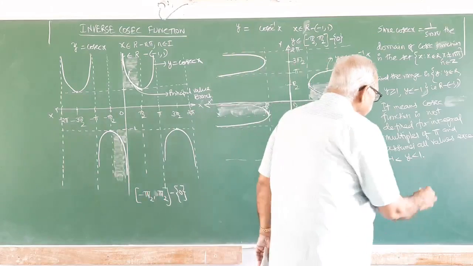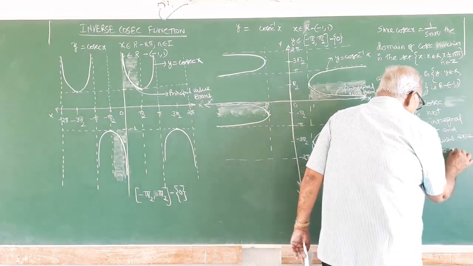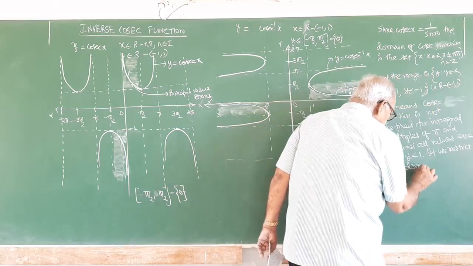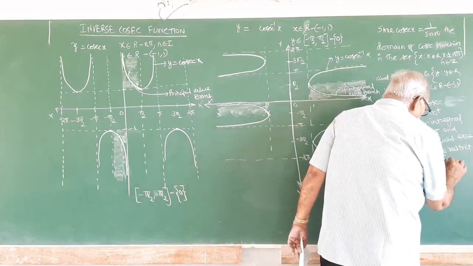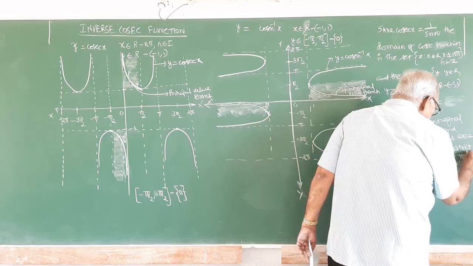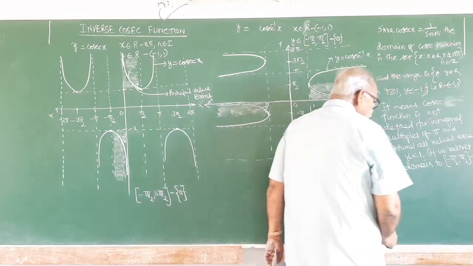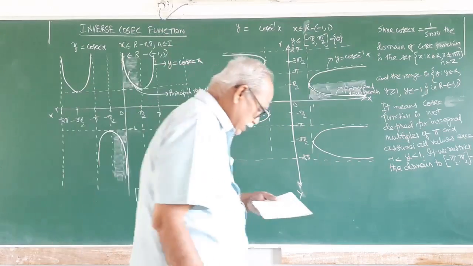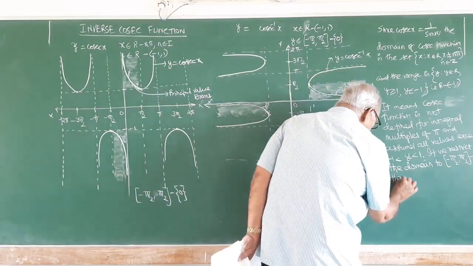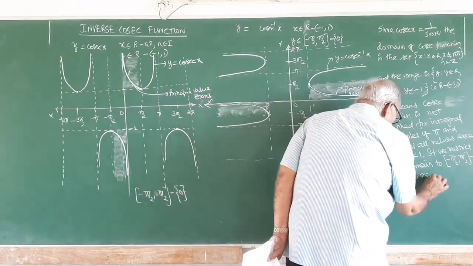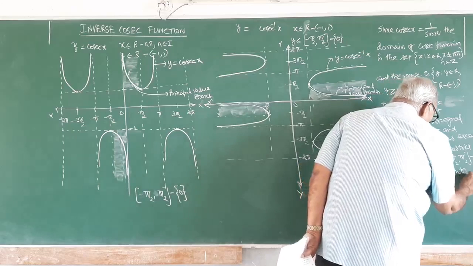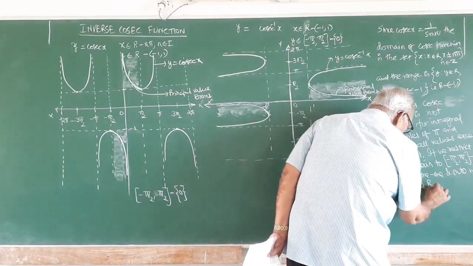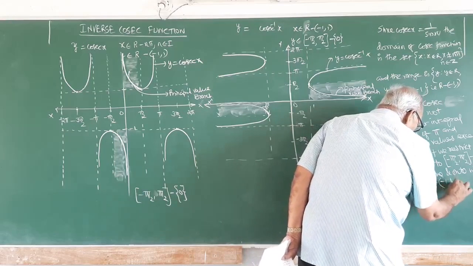If we restrict the domain to [minus pi by 2, pi by 2] minus {0}, then it is one-to-one and onto with the range as R minus (minus 1, 1).